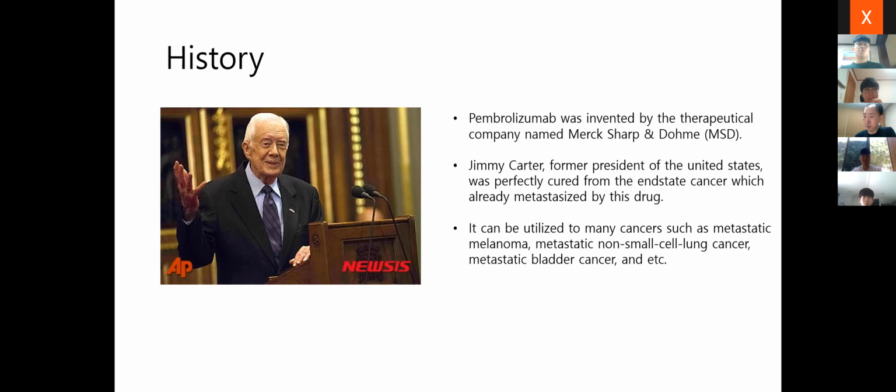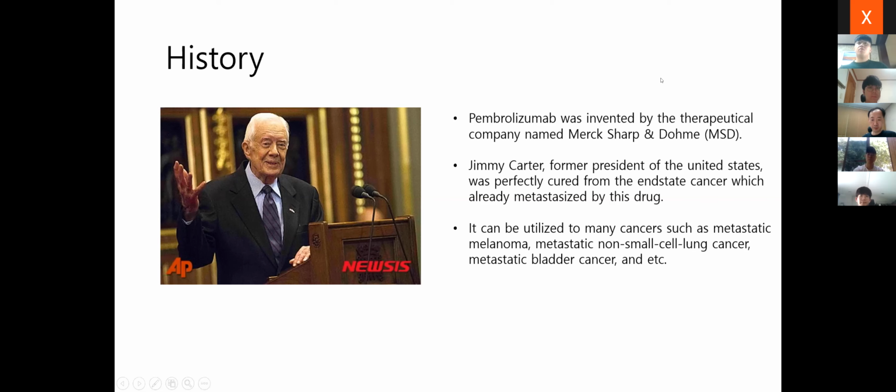He was injected with Keytruda, or pembrolizumab, and then he was perfectly cured by this drug. Even though his melanoma was metastatic, so this cancer had spread even to his brain, he got perfectly cured.